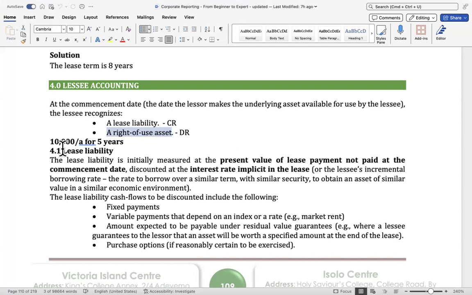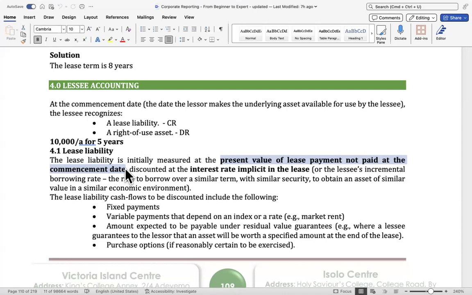And that is why we said that lease liability is initially measured at the present value of the lease payments not paid at the commencement date. So what I mean is this: if you enter into a lease arrangement, you need to determine all the lease payments you are going to pay over the lease term, and get the present value. That is your liability at the commencement date.